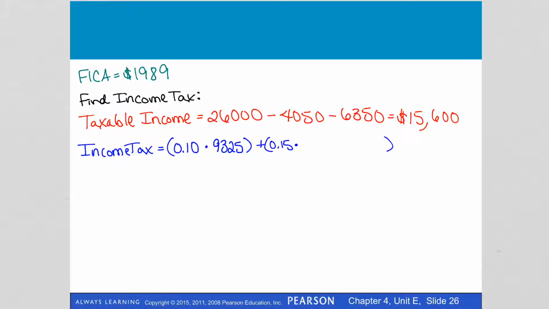So even though her taxable income is $15,600, all that $15,600 isn't taxed at 15%. The first part, $9,325, is 10%. And then the rest of that, so $15,600 minus $9,325, everything above $9,325 is taxed at 15%. So that means the taxes that she owes will be $1,874.